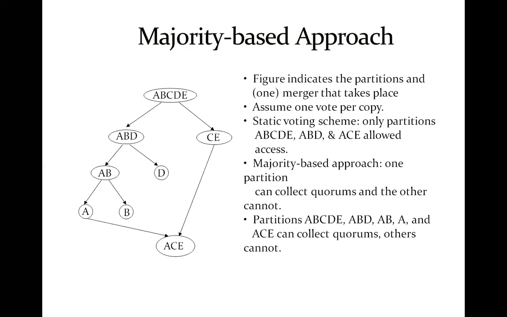The sites that belong to the selected partition will be able to collect the quorum, whereas the sites in the partitions which are not selected will not. So in this approach, sites A, B, C, D, E, A, B, D, A, B, A, and A, C, E are able to obtain the quorum, but C, E, D, and B are not able to obtain the quorum.